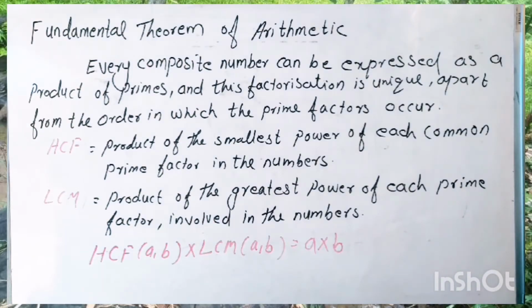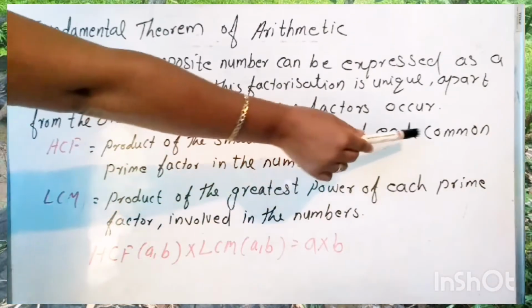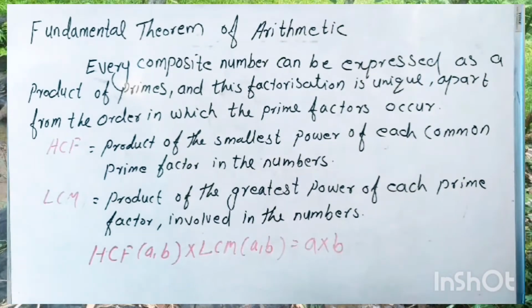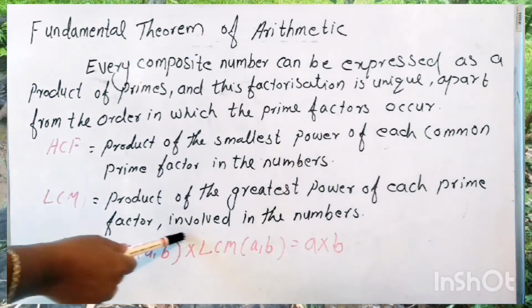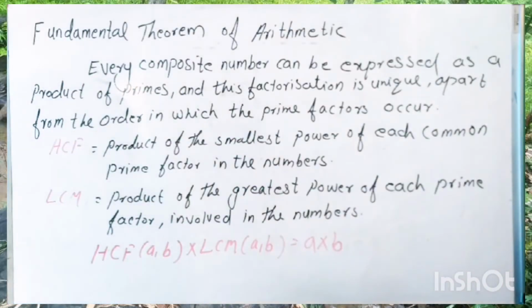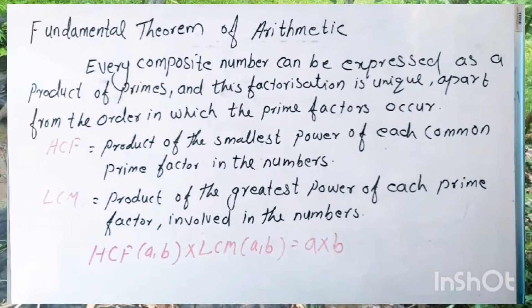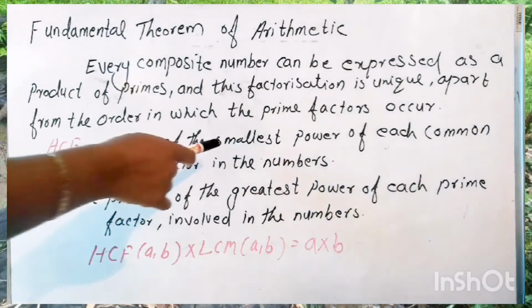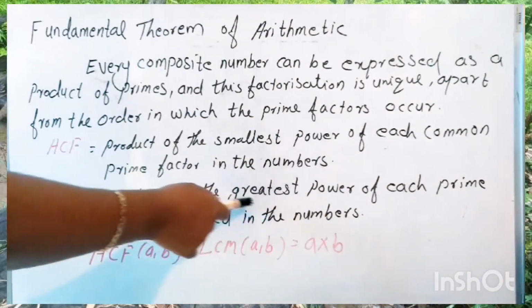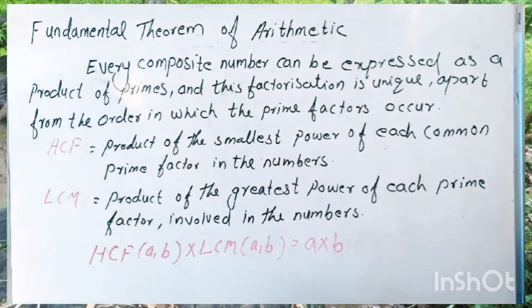And LCM, here in HCF we are considering only the common prime factors, but in LCM we will list out all the prime factors involved in the numbers, and instead of the smallest power we will write the greatest power.